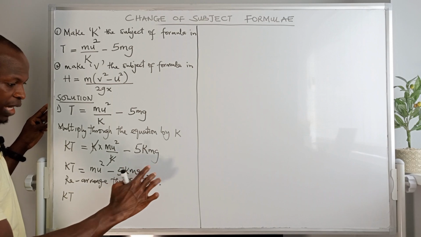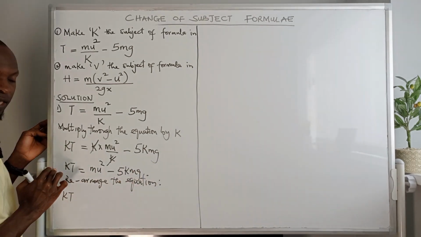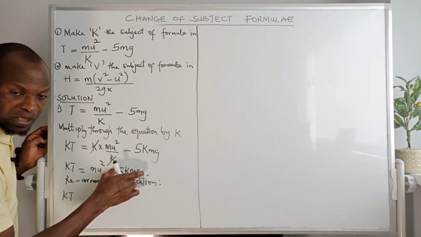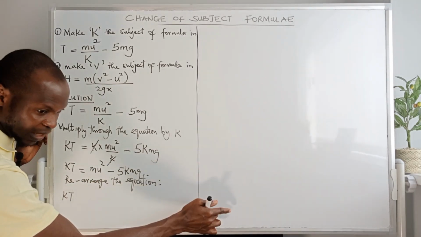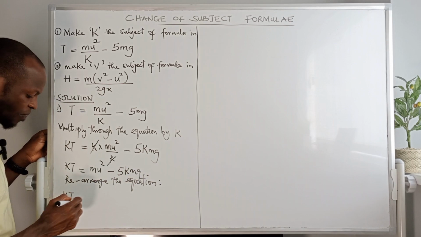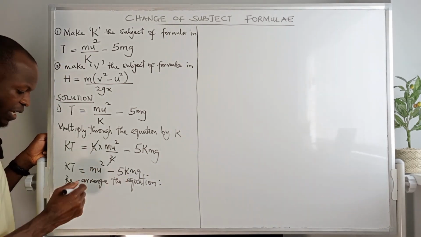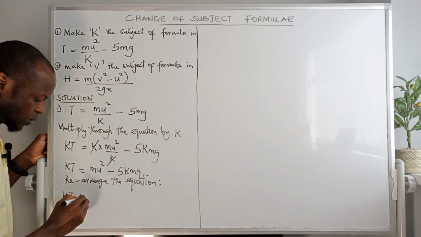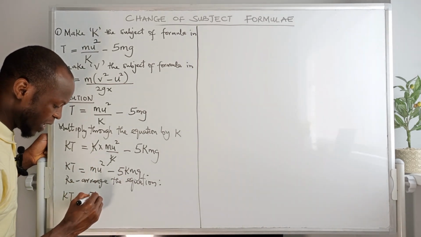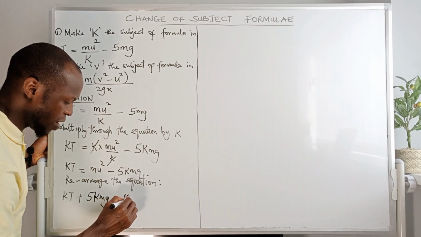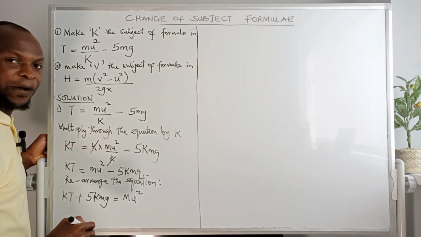This means you add to this side, you add to this side. Automatically, what you're adding to this side will remove this because it is minus this plus that. But I want to rearrange. If I rearrange, I bring this to this side, it becomes plus 5kmg equals mu squared, okay?